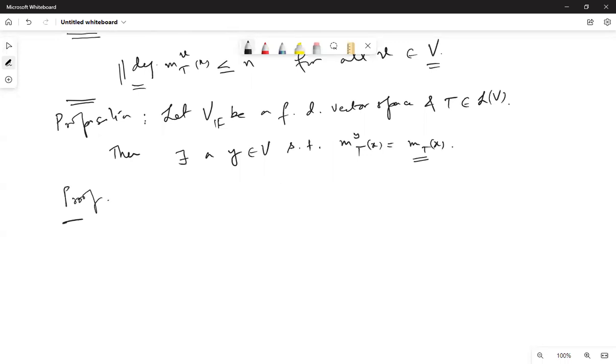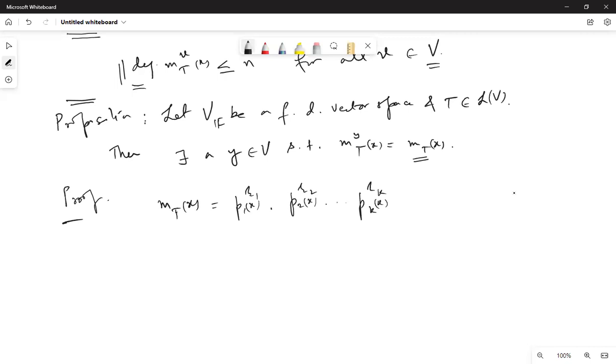Let me now go by the proof of this. Because m_T(x) we are considering as p1(x) raised to the power r1 times p2(x) raised to the power r2, this is the product, and so on, pk(x) raised to the power rk, right?